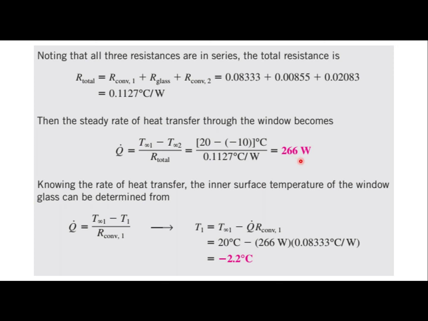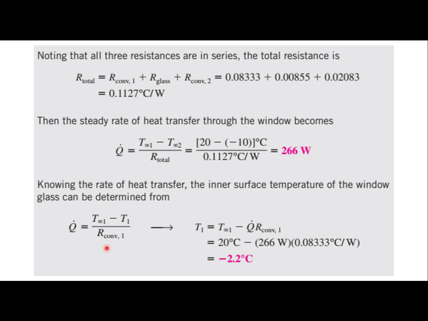The second part is you have to determine T1, which is the temperature of the wall inside the room. So you have to apply the same formula, and in this formula you have to take the temperature difference inside the wall, and you have to put the value of T1, right?